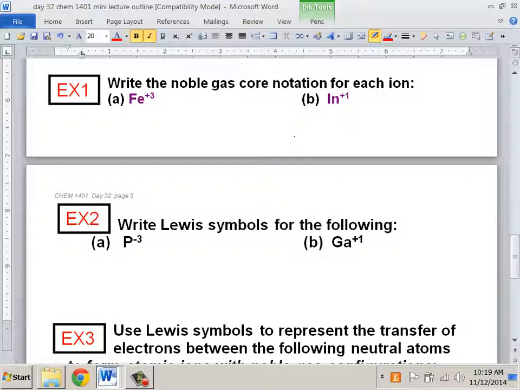Let's just go to the boards and answer these together, and get this stuff done. So just write your answer up there, see if everybody agrees, then we'll go on to the next one.